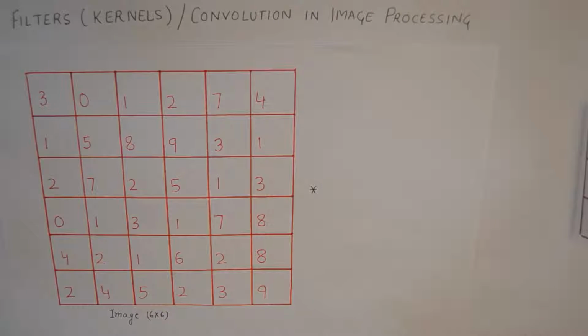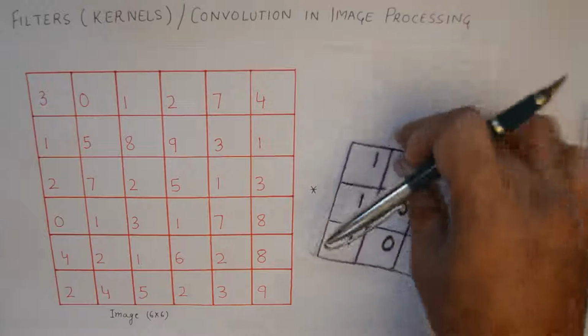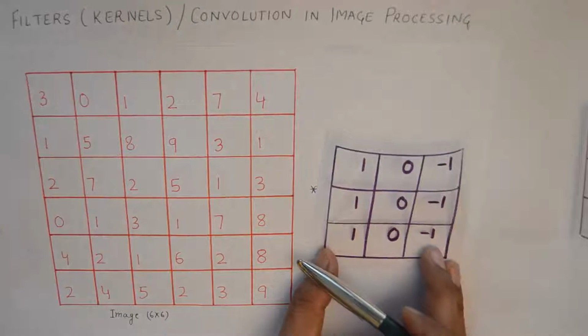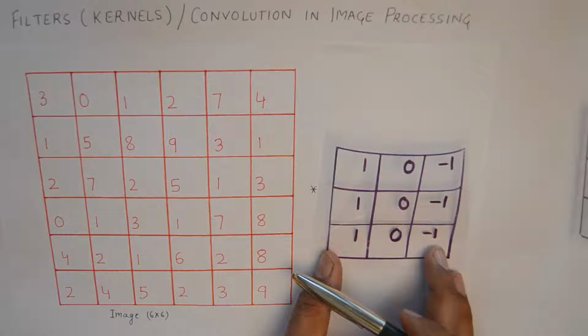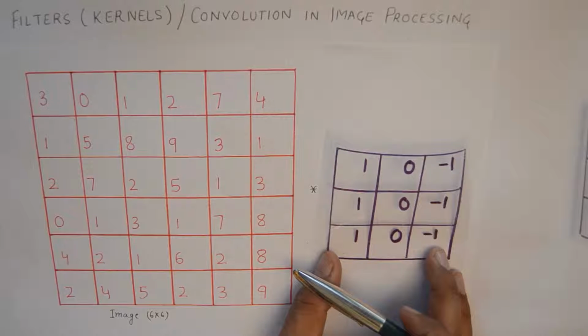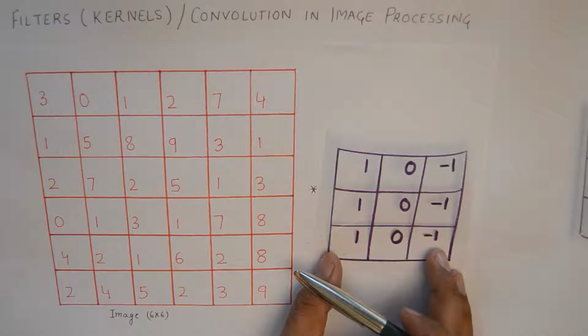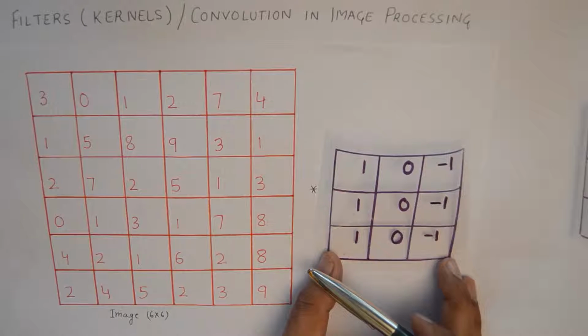This is another filter, and you could guess by now that this is a vertical edge detector. You'll find many filters with different values in them, and those values are put into those filters in such a way that they will give us the desired output when convolved with the image.